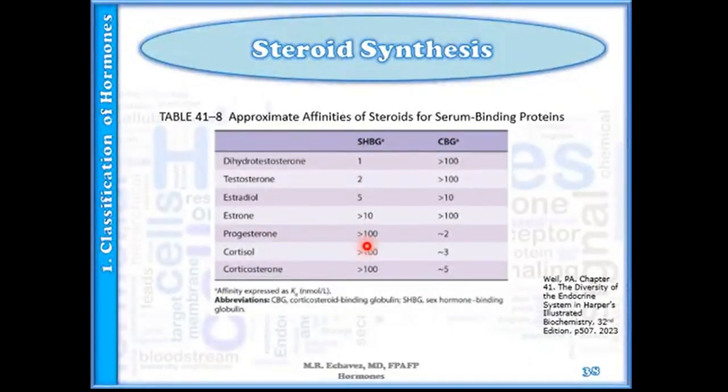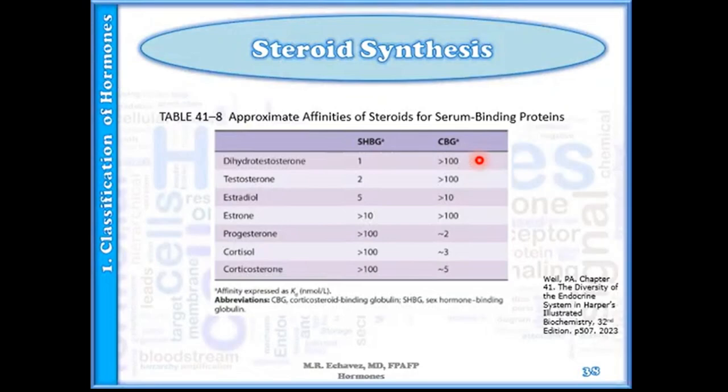In contrast, your progesterone and cortisol bind with nearly equal affinity to your CBG. In turn, it has little affinity for estradiol and even less for your testosterone and your dihydrotestosterone.